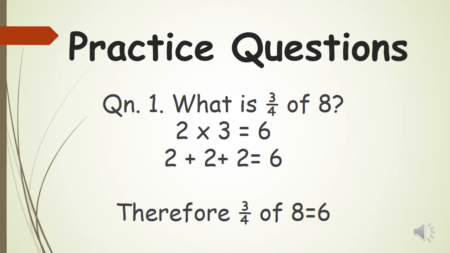So add the 2 from one group, another 2 from another group, and another 2 from the third group, meaning that 2 times 3 is 6, or 2 plus 2 plus 2 is 6. So 3/4 of 8 is 6.